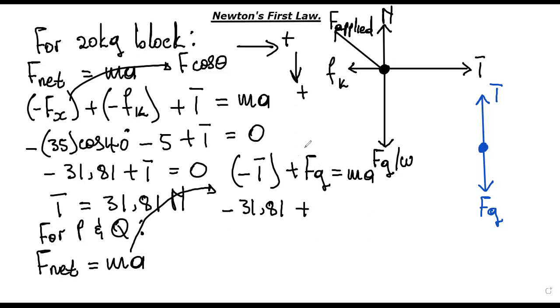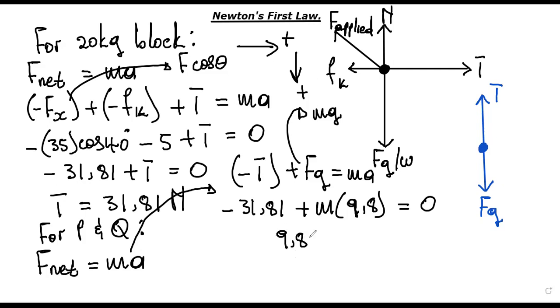What about Fg? Well, Fg, we know that it's mg, right? And the mass of these two blocks is actually m. What is the acceleration due to gravity? It's always a constant. It's 9.8. Then you can safely say everything is equal to 0, like that. Then you take your 31.81 to the right. On your left, you have 9.8 m.